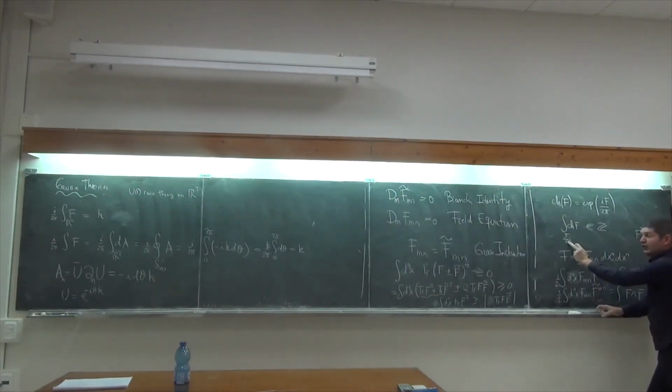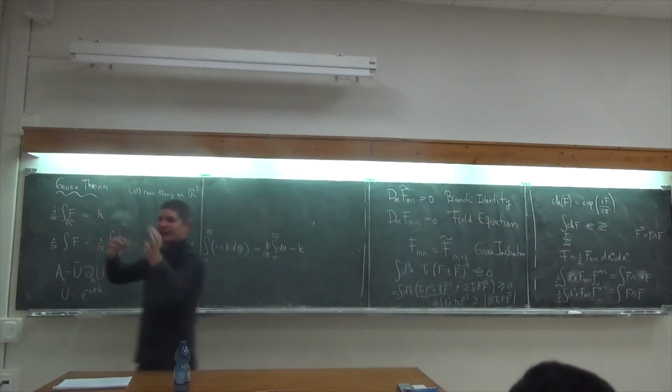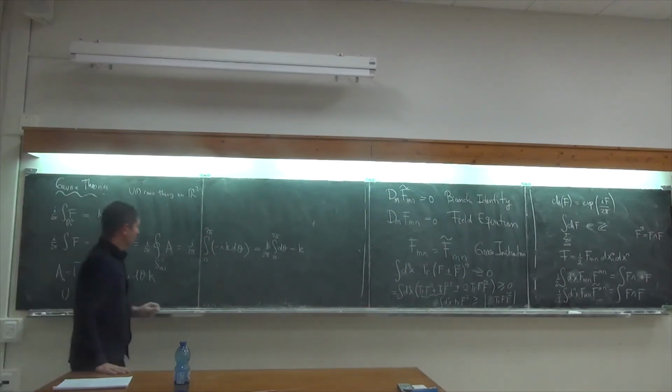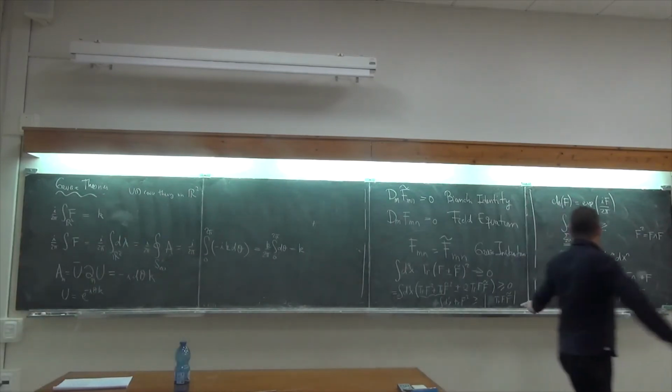For every non-trivial cycle, you will have an integer. If you have various two cycles, various three or four cycles, you will have various integers. Okay, is it clear? Therefore, we come back here.